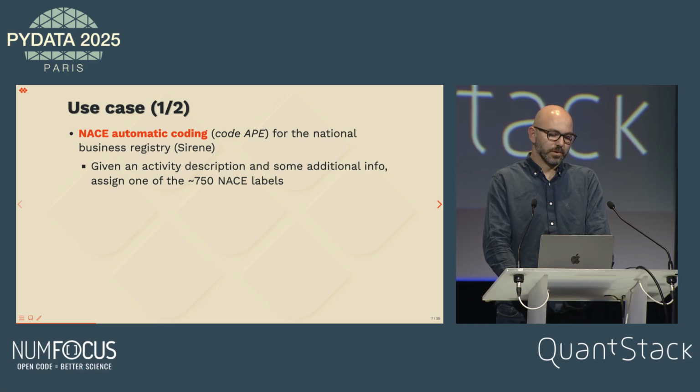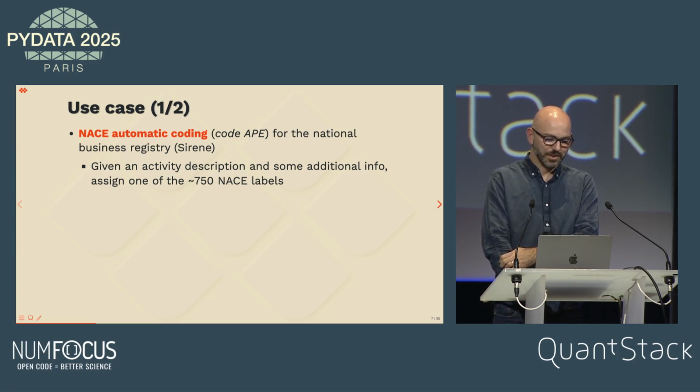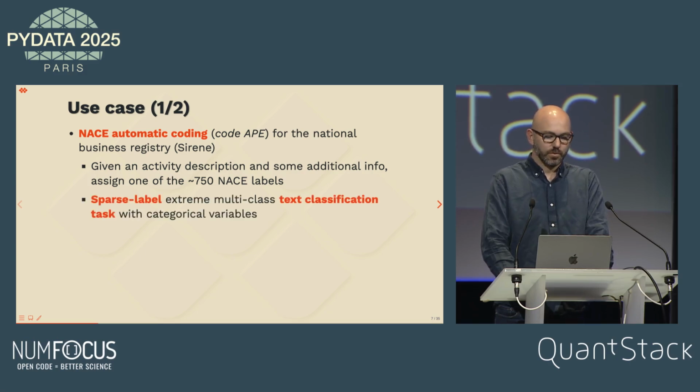Given an activity description, we need to classify it into one of the nomenclature labels. One specificity of that nomenclature is that there are more than 700 classes, and we do not have much text to go with.